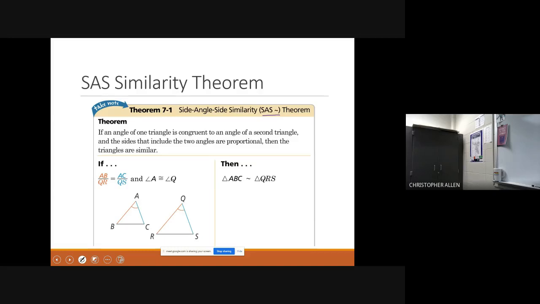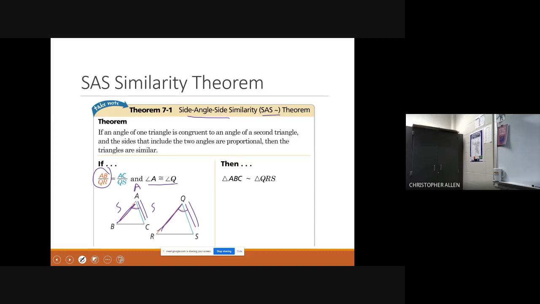That means we need to show, for example, that this side is to this side, AB is to QR, as this side is to this side, that is AC is to QS. And we need to show that angle A is congruent to angle Q. So you can see that we have a side, an angle, and then another side. That's why we call it SAS.